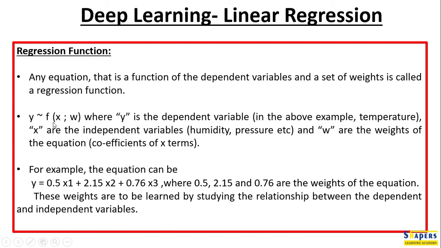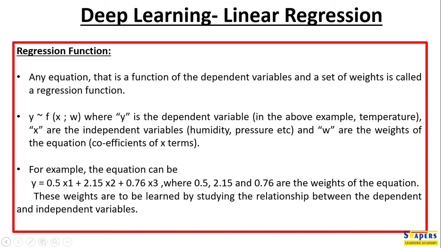Y is a function of x and w, where y is the dependent variable, in the above example the temperature, whereas x are the independent variables like humidity and pressure. W is the weights. Weights are the basic weights of a neural network.